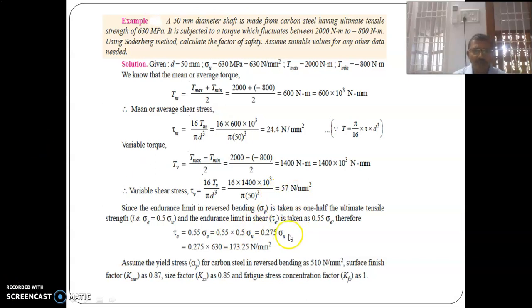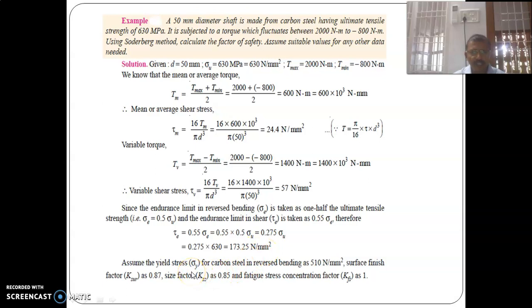The tau e value is not given, so we assume tau e equal to 0.55 into the endurance limit strength. So it is 0.55 into 0.5 into sigma u. Sigma e is 0.5 into sigma u, therefore it is 0.275 sigma u. 0.275 into 630 equal to 173.25.